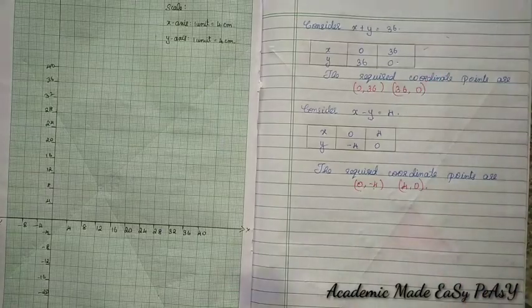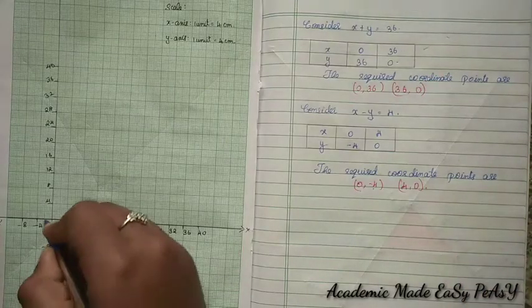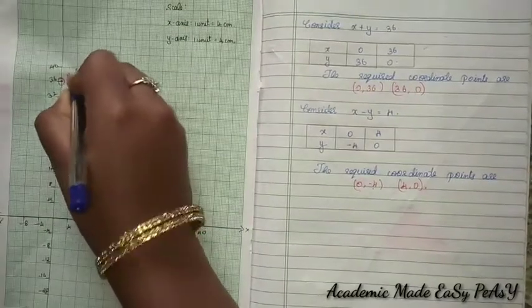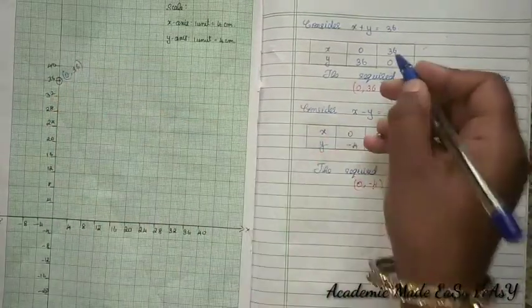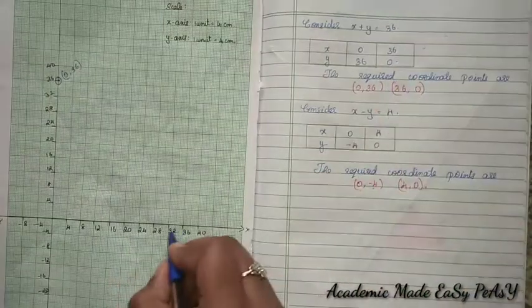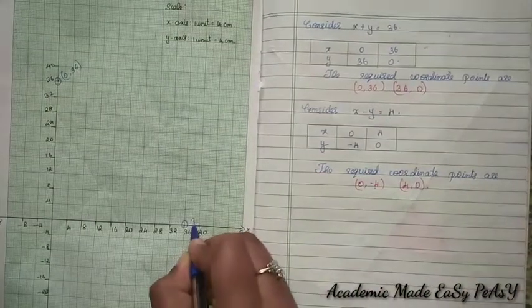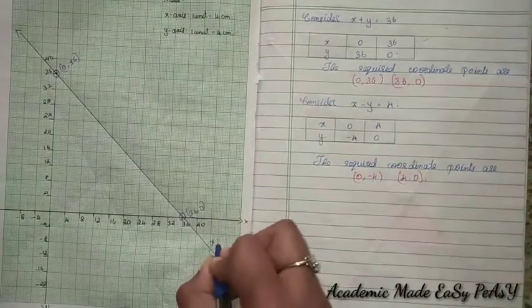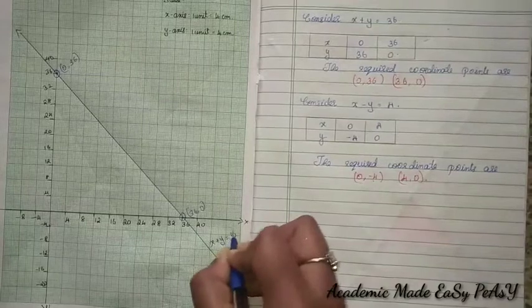For the first equation, it is 0, 36, so 0 and 36 over here. And here it is 36, 0. Let's join these two points. So this equation will be x plus y is equal to 36.